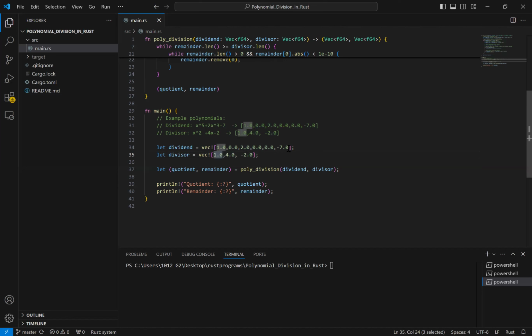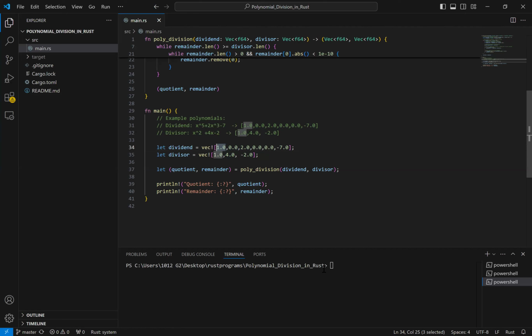For the dividend, it begins from here: a constant, x raised to 1, x raised to 2, x raised to 3, x raised to 4, then x raised to 5. So it's able to know that this polynomial is x raised to 5 plus 2x raised to 3, the others are 0, then -7. It's able to tell because of this arrangement.